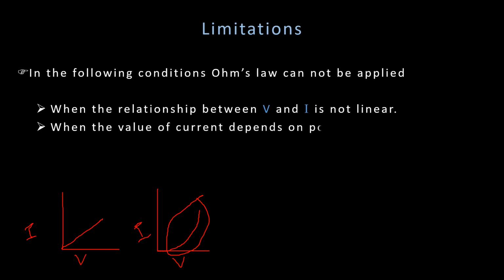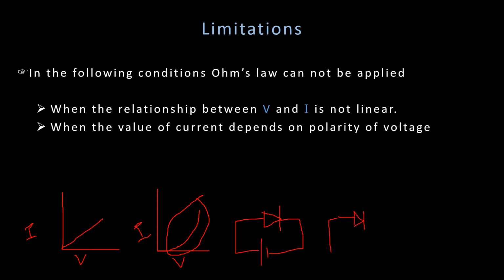When the value of current depends on the polarity of voltage. Now again, diode is the best example. Diode you will have in the chapter of semiconductor. It is symbolized like this. Now what happens in this case? When you connect the diode with a battery like this, you will have some value of current, okay? But if the same diode is connected to a battery like this, you will see that the current value changes.